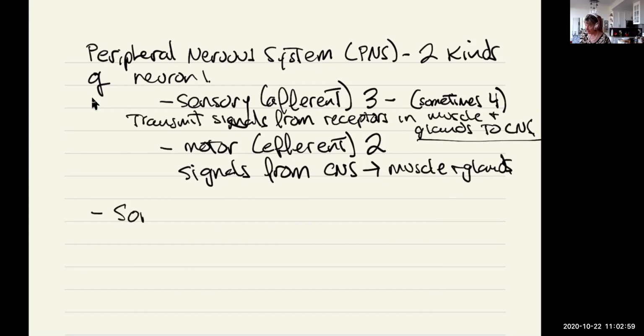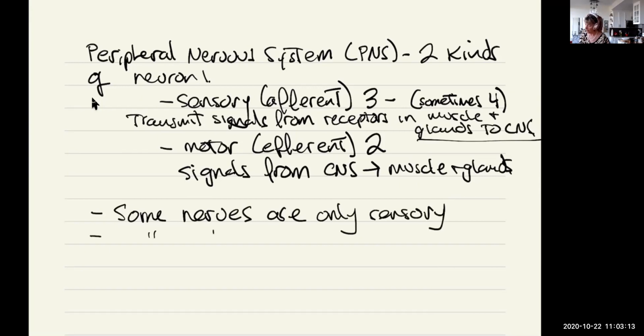In general, some nerves are purely sensory. Some nerves are only motor. They carry only motor neurons.